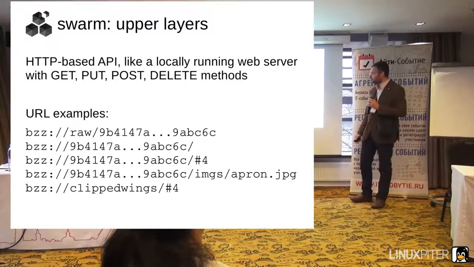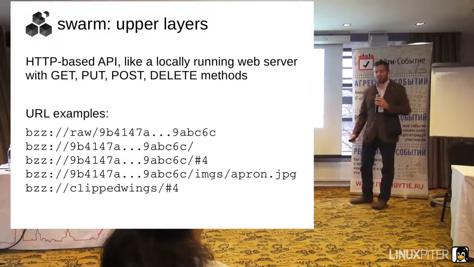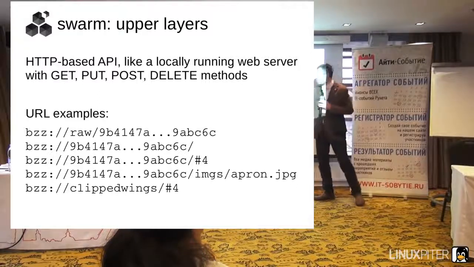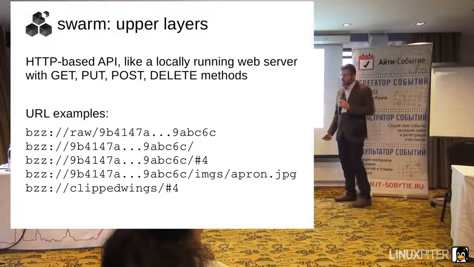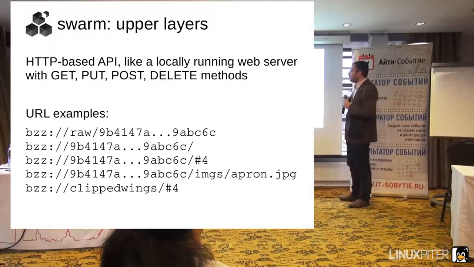So the first one is the raw API. This is going to give you a file whose hash is this, without any metadata, except for the file length, of course.